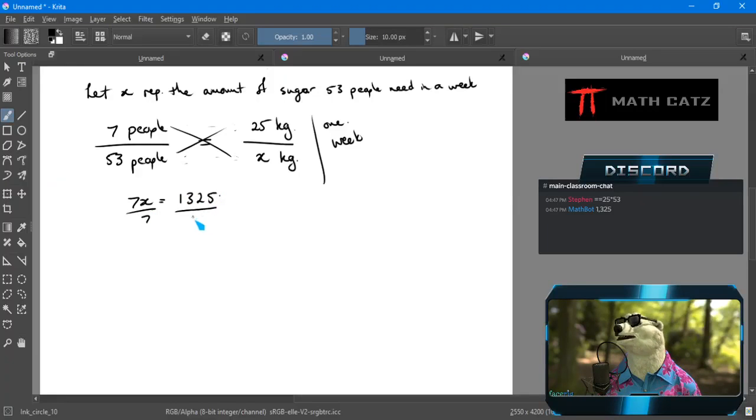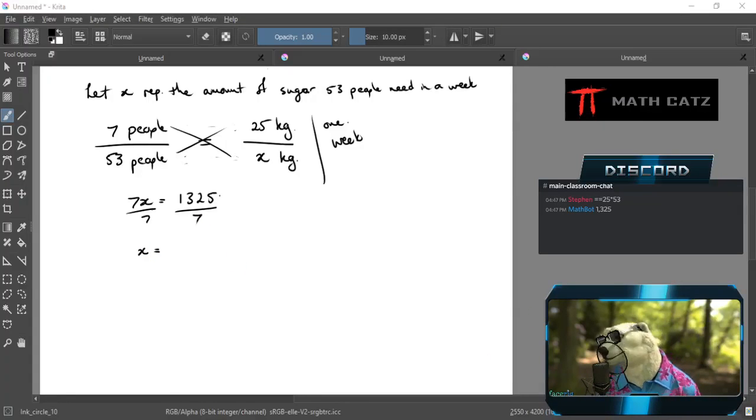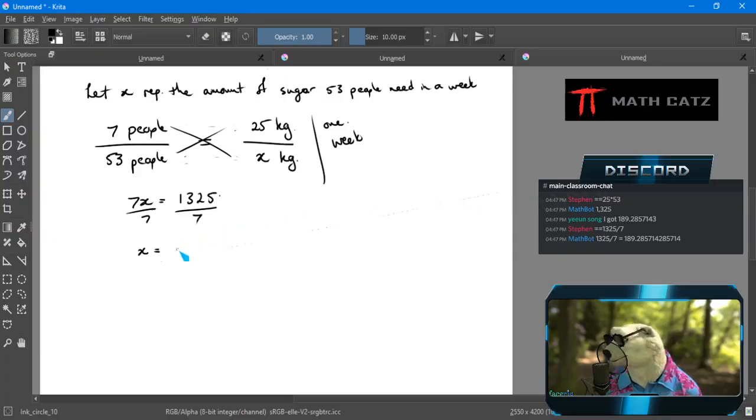So I divide both sides by 7, and x equals, oh, it's not going to be a nice number, is it? Yes, it's an unpleasant number. Dividing by 7 is never nice. 189.285714, and actually that whole thing repeats. Okay, now that's a good thing that it was an ugly-ish number. Not that I judge numbers.